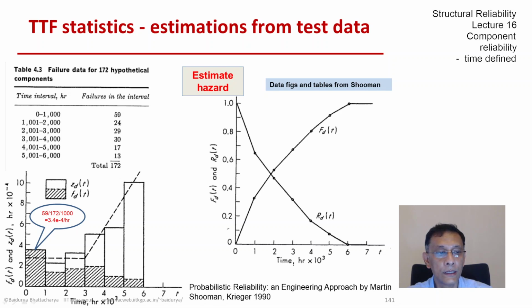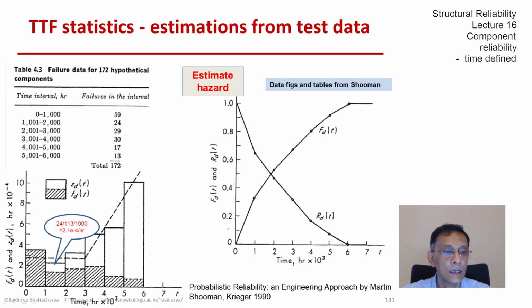That number in the denominator is not going to stay constant when we do the hazard function, unlike the density function. But because we are starting from the initial condition, the hazard and the PDF are equal for the first interval. The second interval, we have 24 failures, but we started with 113, so that divided by the length of the interval gives us 2.1 times 10 to the minus 4 per hour, and so on.